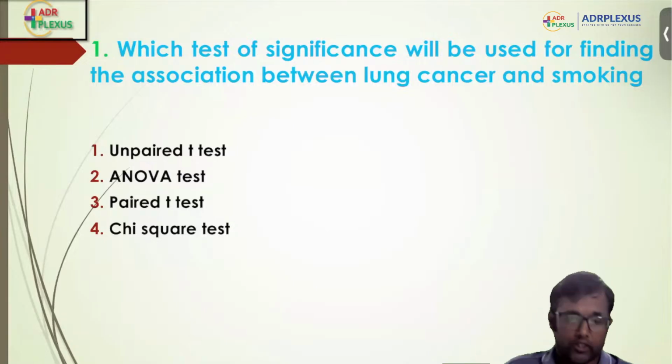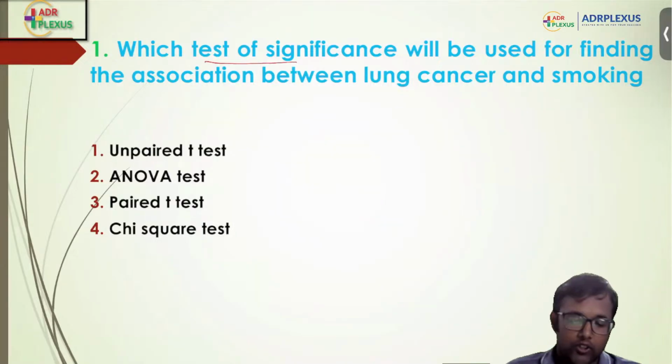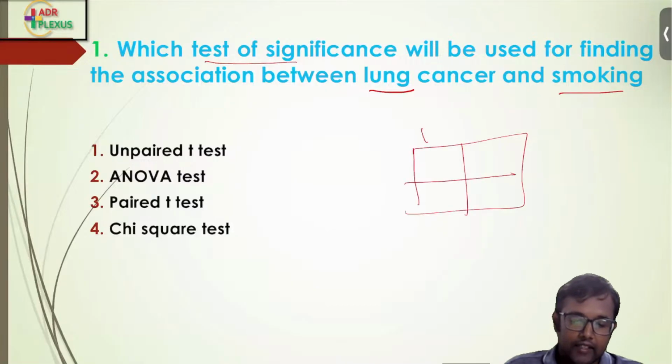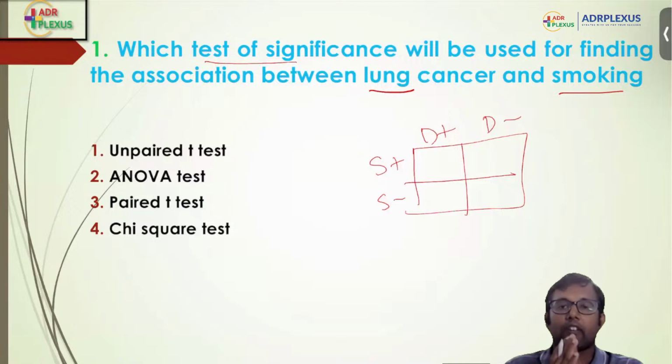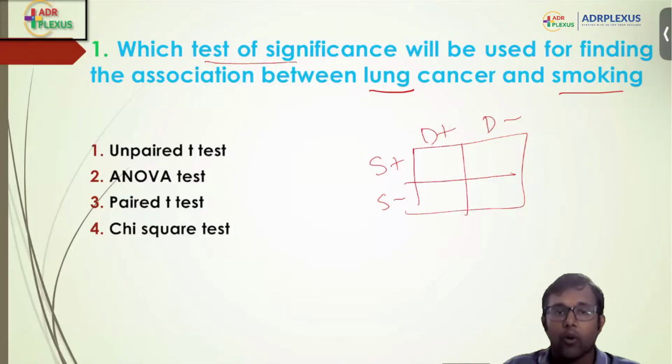First is a simple question. Which test of significance will be used for finding out the association between lung cancer and smoking? Simple box. Disease plus, disease minus, smoking plus, smoking minus. They have given a question like this. In this, you are going to see whether lung cancer was caused by smoking.